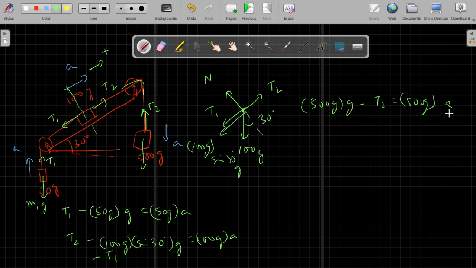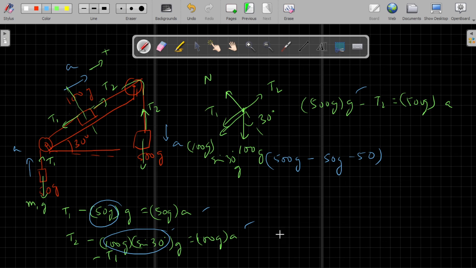When we add equations number 1, 2 and 3, we would get 500 g minus 50 g from this equation and 50 g from this equation, since sin 30 is half. T2 would cancel out and T1 would also cancel out.